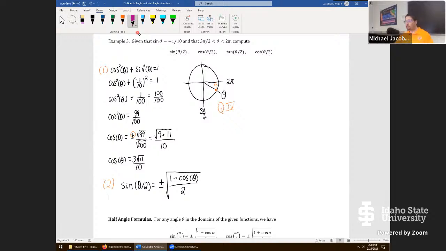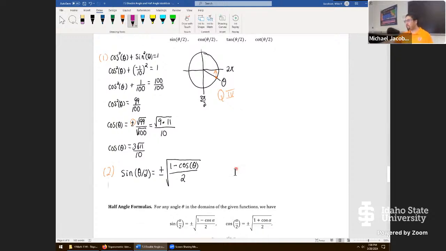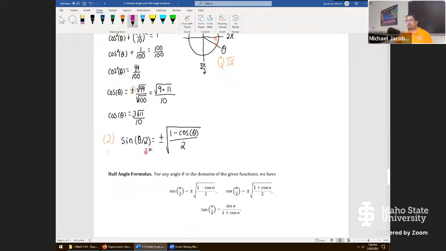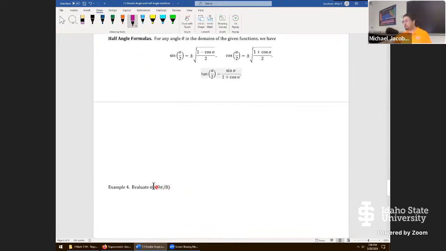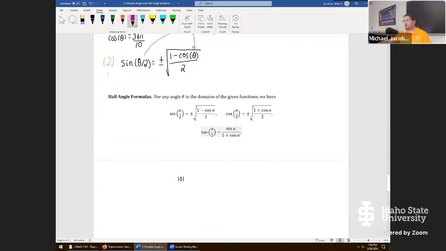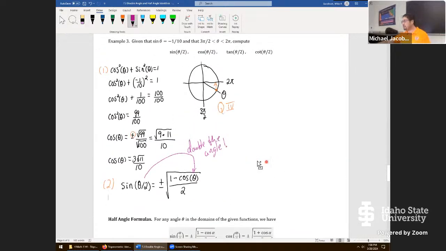It is actually kind of confusing, but for the half angle formula, the reason it's called that is because you have half the angle here, but when you go to use the half angle formula, you double the angle. That'll be an important reminder for the very next problem where we're going to double 9 pi over 8 to use the formula correctly. So that's our setup so far.